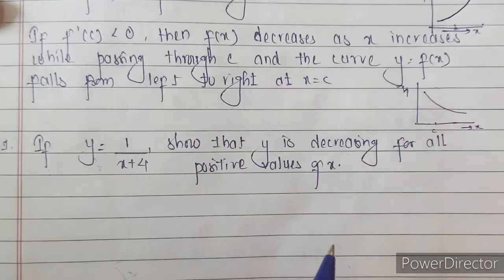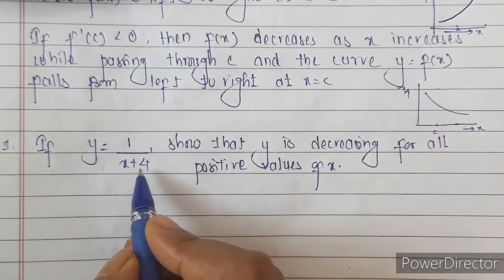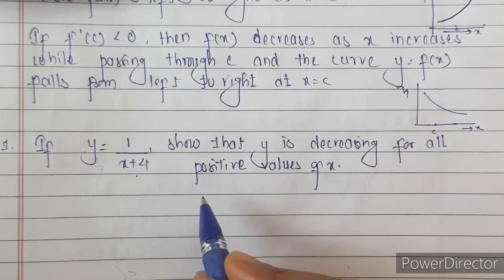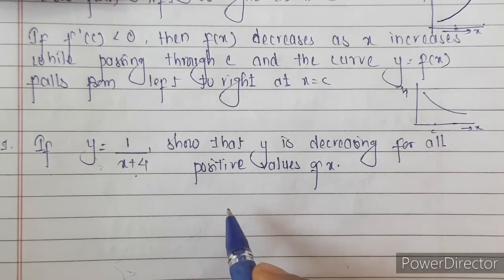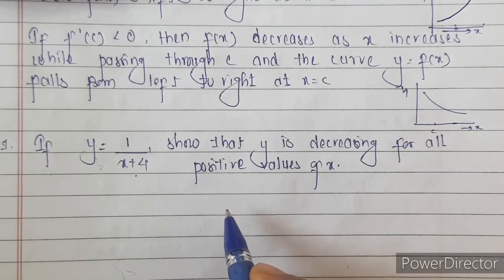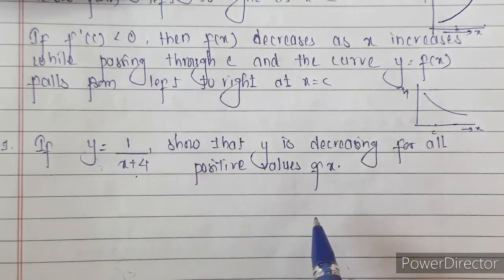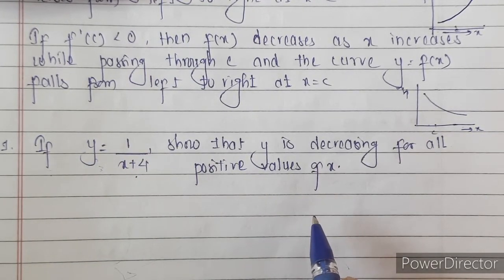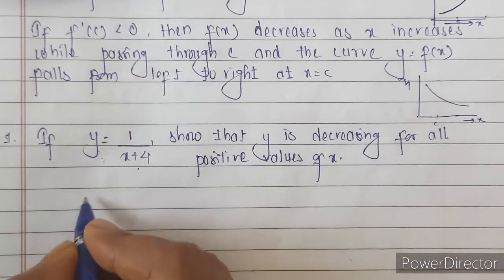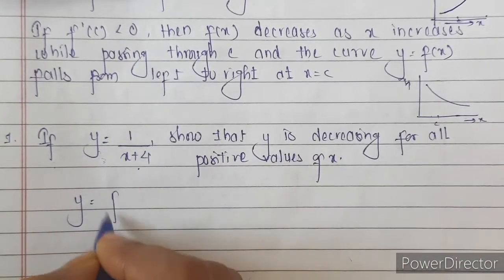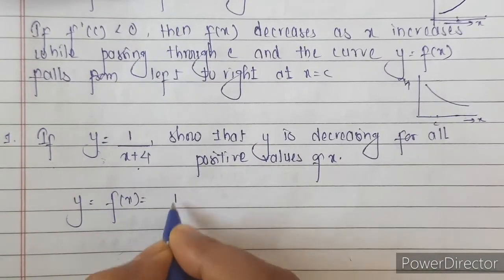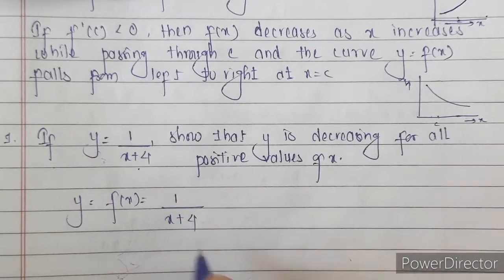Let's look at this example. If y is given as 1 upon x plus 4, we need to show that y is decreasing for all positive values of x. So let me take this y as f of x, and it is given as 1 upon x plus 4.